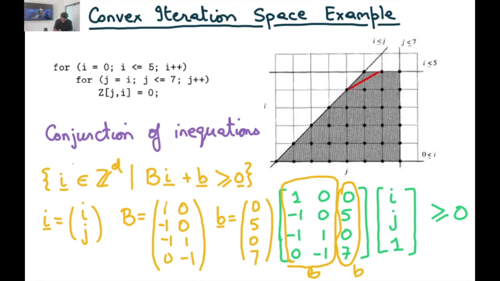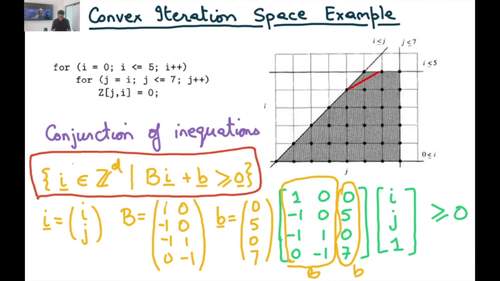And so this representation, i belonging to Z to the power d, Bi plus b greater than or equal to 0, is guaranteed to represent a convex polyhedron, and you can represent any d-dimensional convex polyhedron using this representation. So we're going to use this notation for representing our iteration spaces.